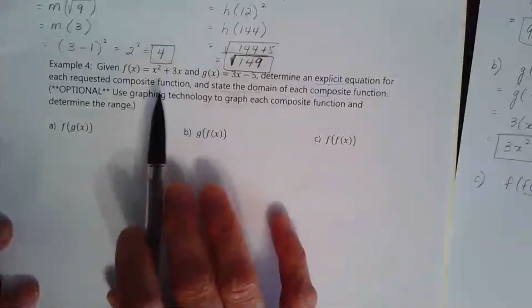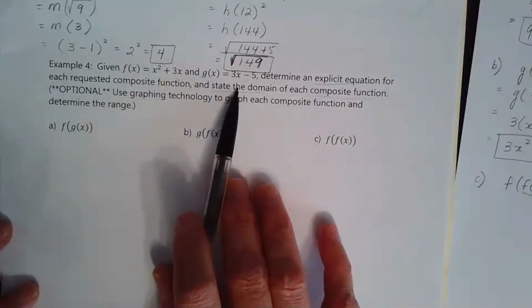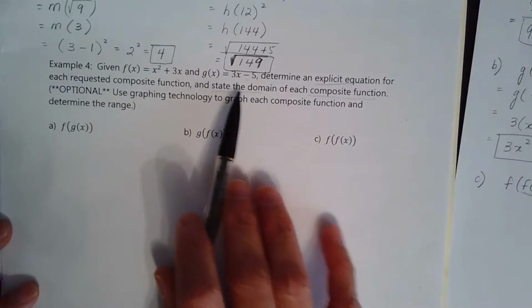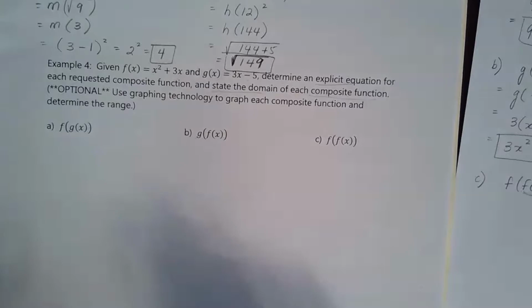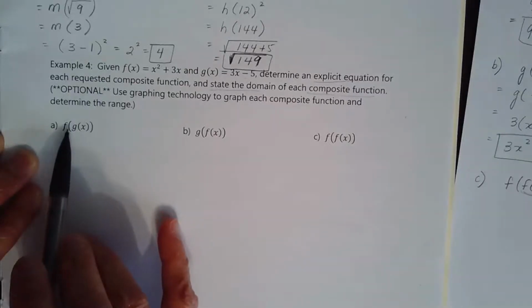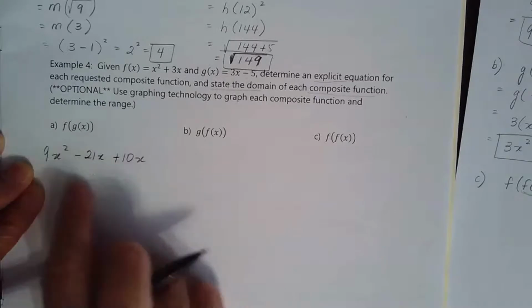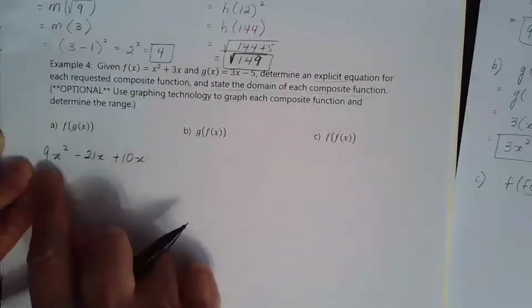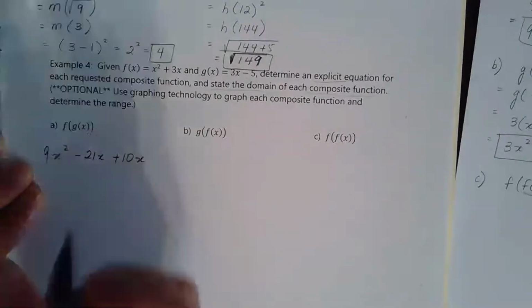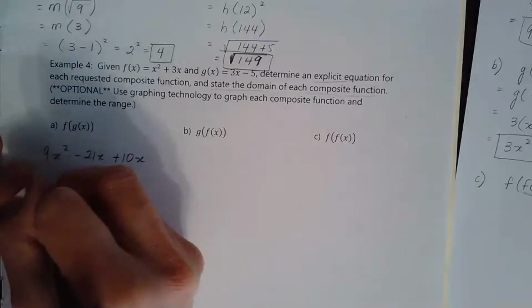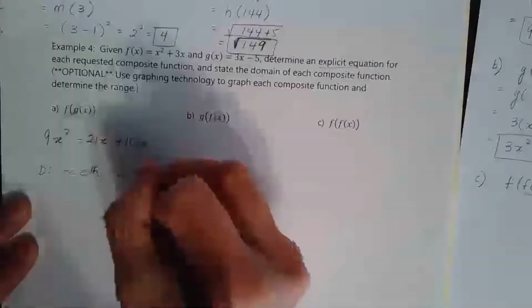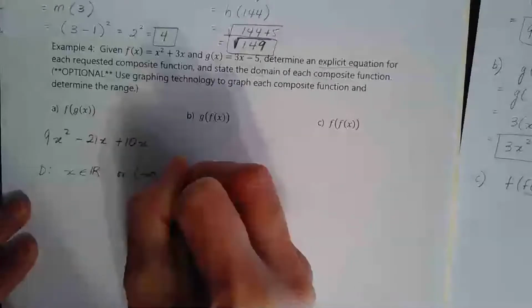So what we're going to do is I'm going to stop right here. In this particular case, this is an optional thing for the domain of each composite function. Okay, let's just do that one first. We ended up getting a 9x.